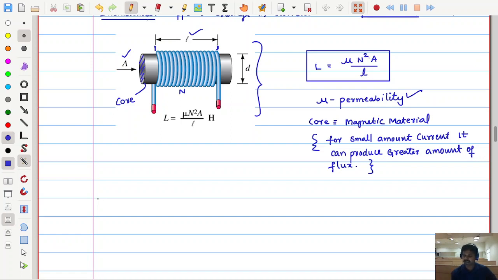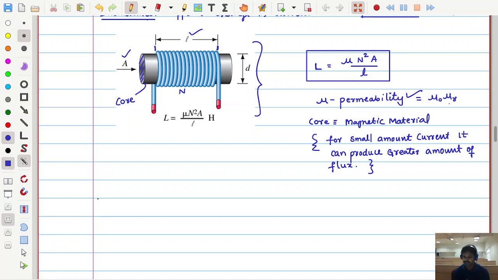by L. Clear? So capital L is the inductance, and this permeability can be written as mu naught into mu r. Mu naught is the free space permeability, mu r is the relative permeability. For air, mu r is equal to 1. We see these discussions in the magnetic circuit in detail.